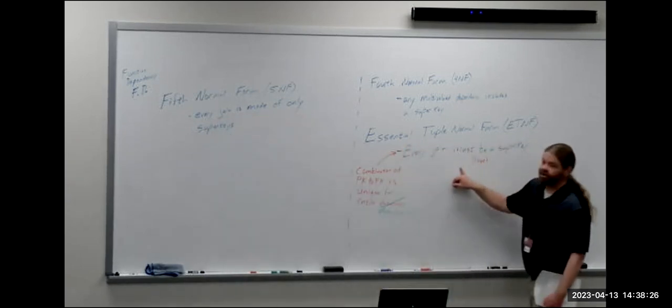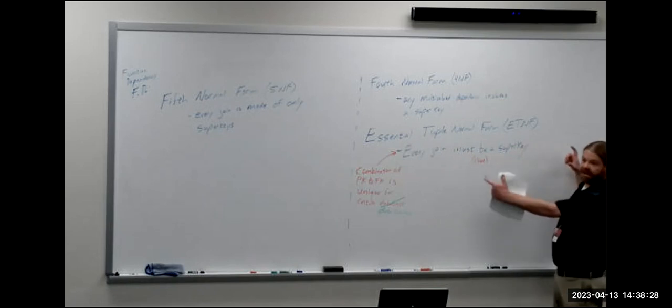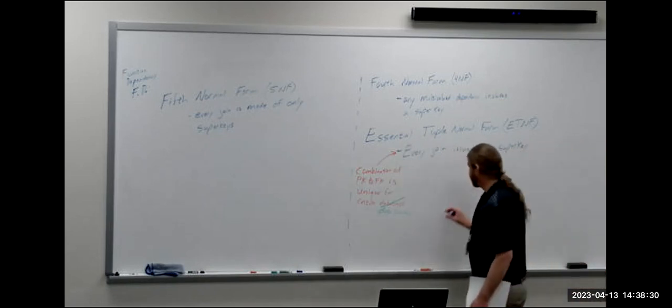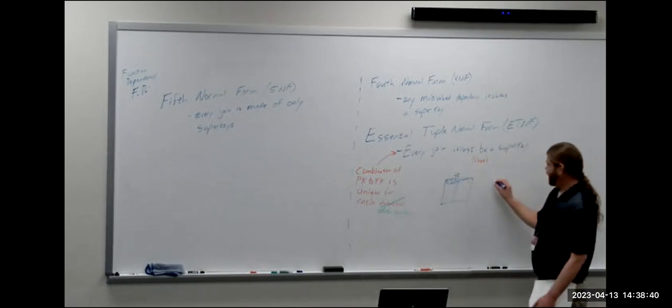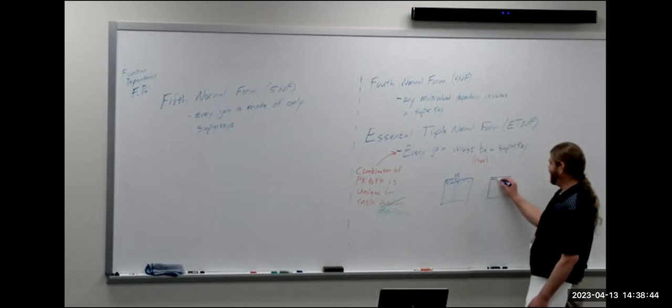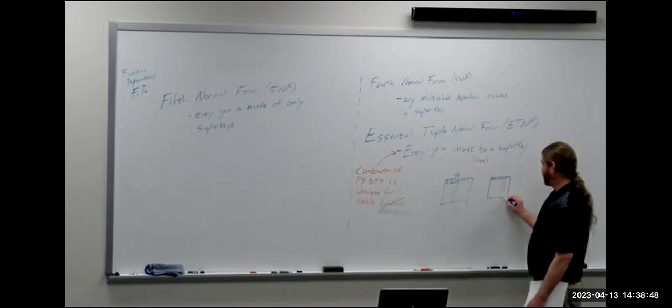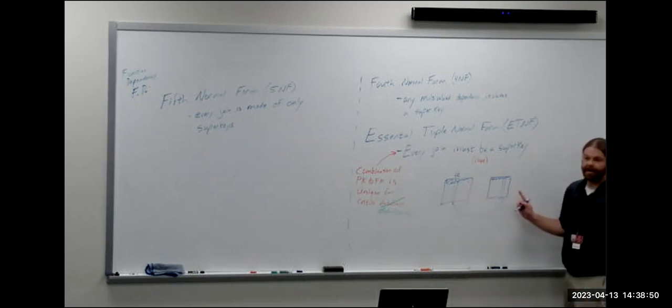So on this one, essential tuple, at least one side of that is a super key. So we have a table over here, and maybe this column's our key. There's our super key, and I guess I could have done it like an ERD diagram. There's another table over here, and this super key ties in here.